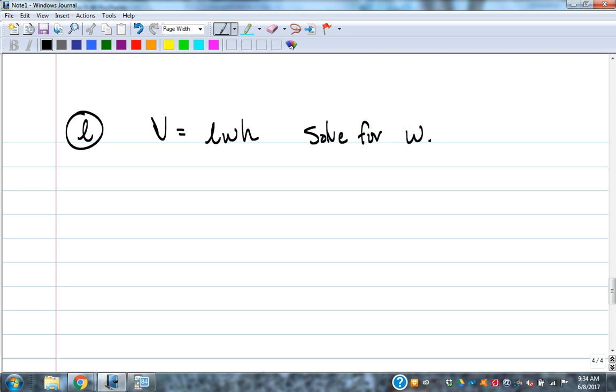And we want to solve that formula for W. So what's going on between the L, the W, and the H? They're all being multiplied together. Anytime they're mashed together like that, they're all being multiplied. The only thing we want to leave on that side is W. So what do we need to divide by to leave W?